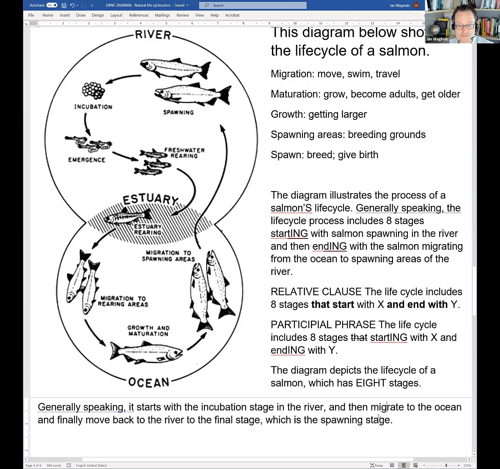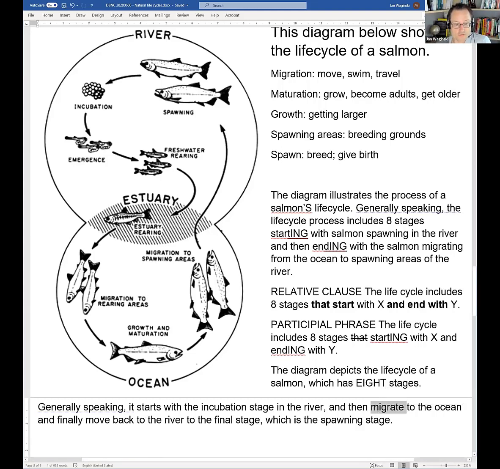So migrate is a verb. What's the subject of this verb? What does it mean? The process.